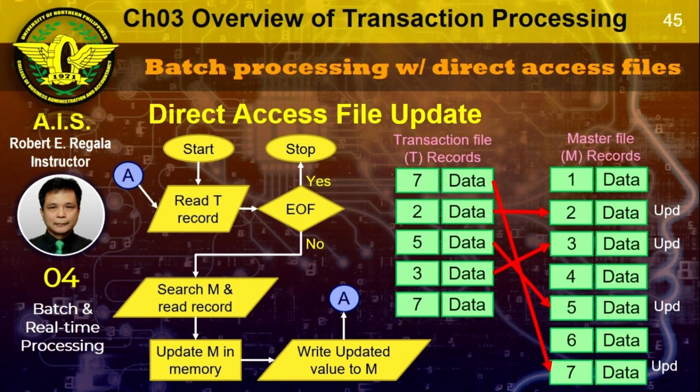Finally, the second transaction 7 is processed just as the first, resulting in master record 7 being updated twice. After transaction 7, there are no more transaction records in the loop, represented by the connector A in the program.